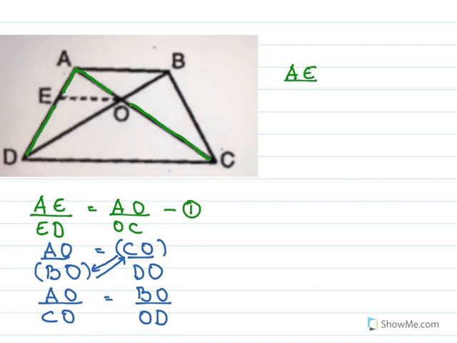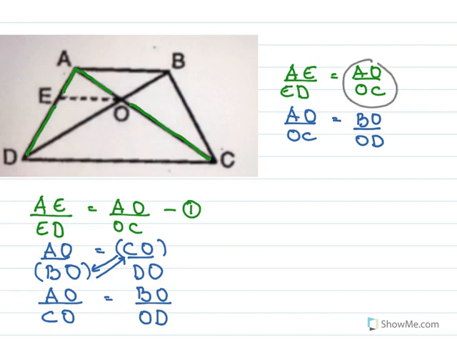So now we compare these two ratios. One ratio was AE over ED equal to AO over OC. And now I have yet another ratio, that is AO over OC equal to BO over OD. Now this is common.